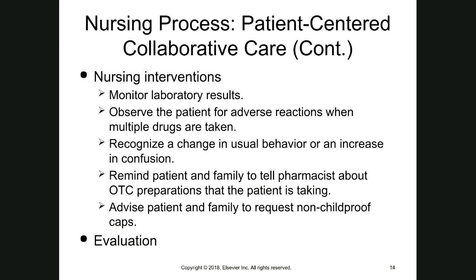So you want to make sure those labs are drawn every 3 months on that particular med. If you feel a pulse rate has gone down below 60, there could be a medication reason for that.